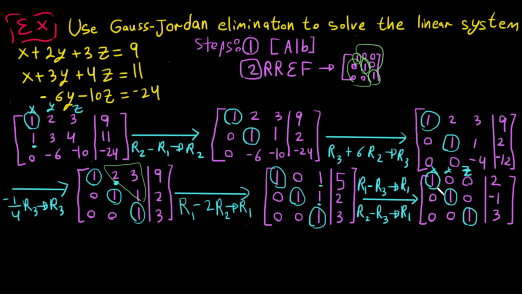Here, these are the coefficients, so 1 multiplied by x, 0 multiplied by y, 0 multiplied by z equal 2. So it will be only 1 multiplied by x, which is x equal 2. The same thing here, so it will be only y equal -1.